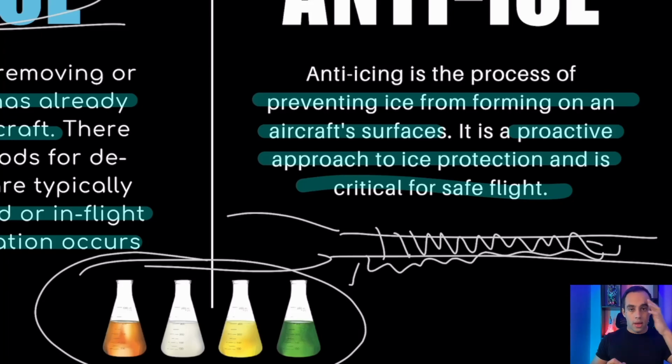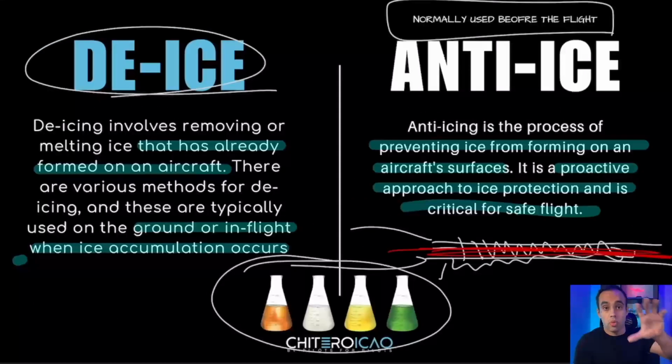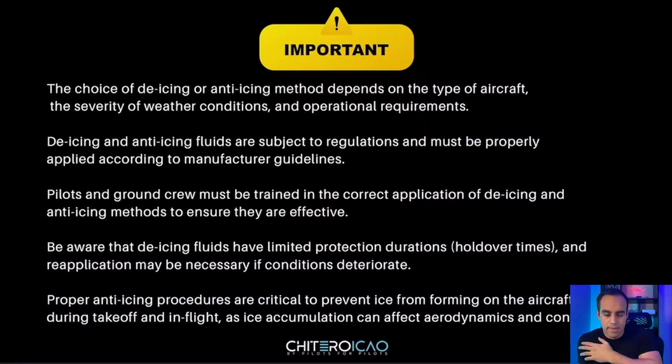Now we turn on the anti-ice system, which has warm air running through the leading edge. Now the ice is not going to form because it's warm. That's de-ice and anti-ice, okay? Got it? Easy?